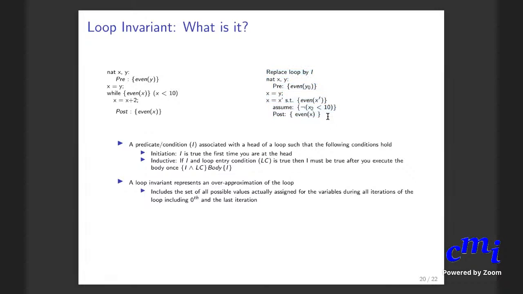That's all I'm claiming. So in that sense, I'm saying that the loop invariant is an over approximation. It certainly is true of any value that is taken by the variables during all the iterations, but it doesn't capture precisely the values that are taken.